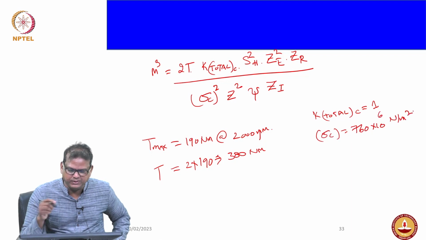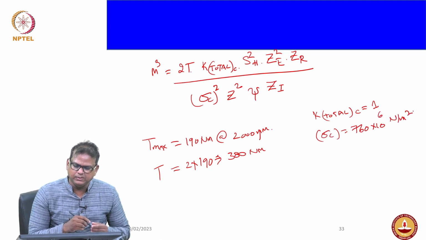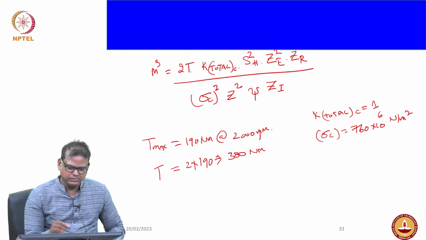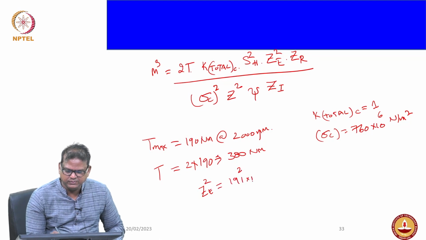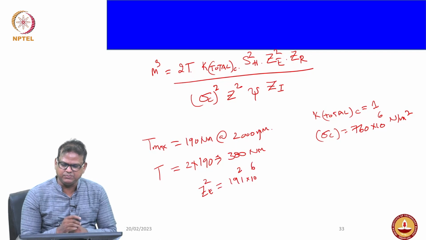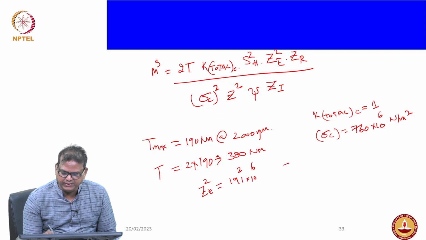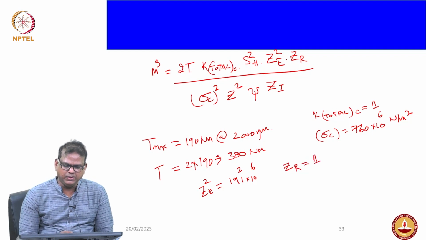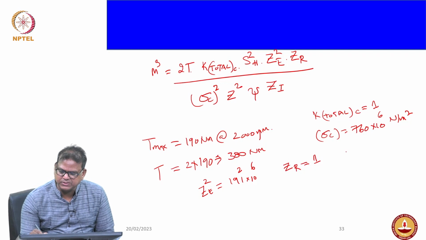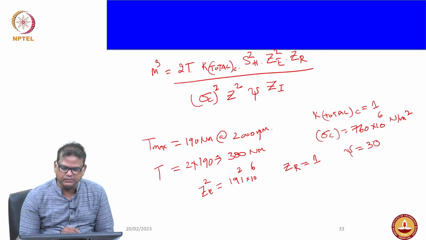Then J square, what is the J square? 191 whole square into 10 power 6. ZR we have taken as equal to 1. Then psi value we choose as 30.